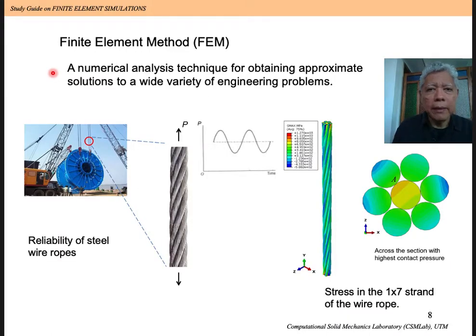Finite element method is a numerical analysis technique for obtaining approximate, not exact, solution of a variety of engineering problems. And we illustrate here finite element analysis prediction of stresses in steel wire ropes subjected to axial loading.